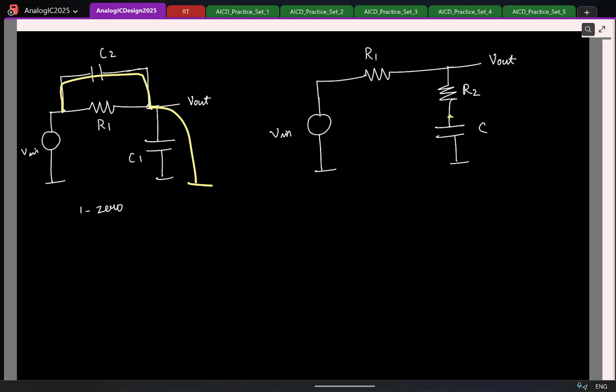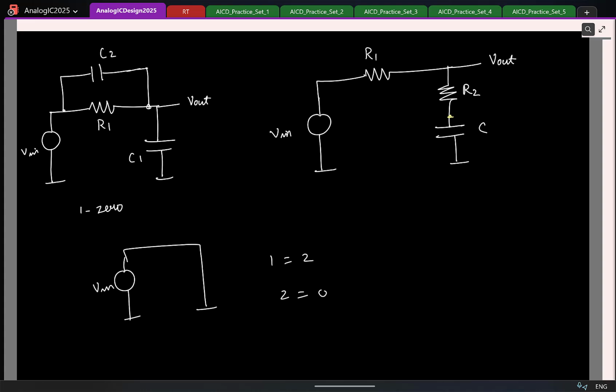In the simple check, you see that this is not happening. Neither is it 0 nor something else. It's technically an invalid circuit. It is saying 1 equals 2, or 2 equals 0, because I have two things: this is setting the voltage to 0, and this is setting it to V in. It's technically invalid, but it's okay.